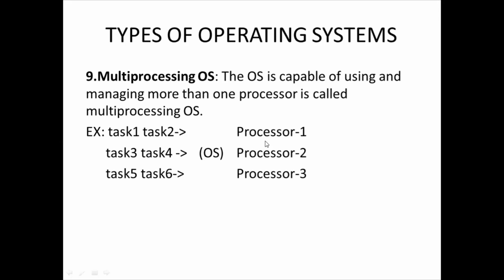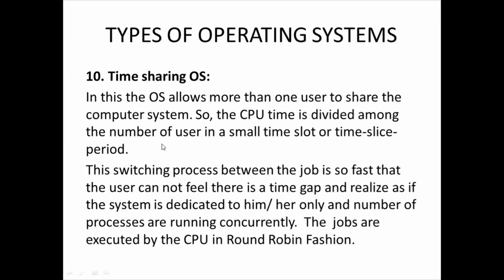All right. Then we have time sharing operating system. In this, the operating system allows more than one user to share the computer system. So the CPU time is divided among the number of users in a small time slot or time slice period.